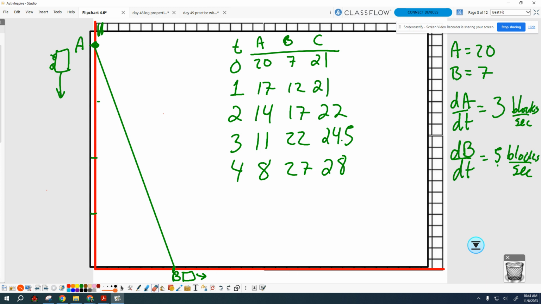Okay, so what's the point of all this? Hopefully this will make some sense.